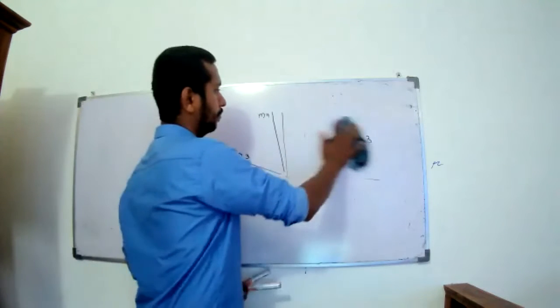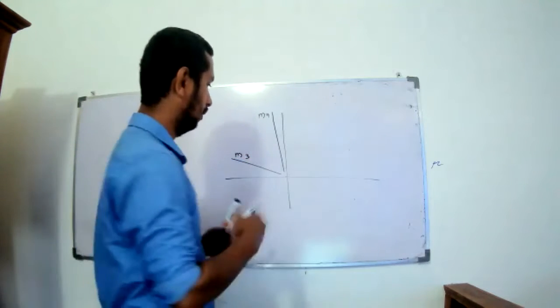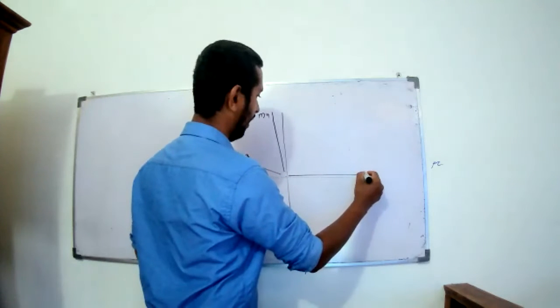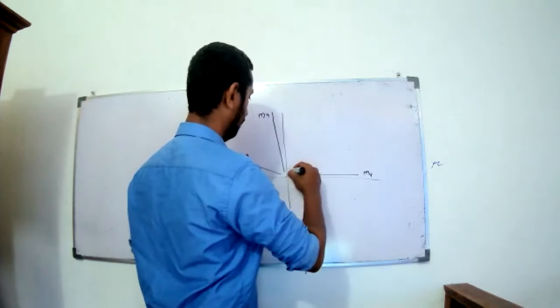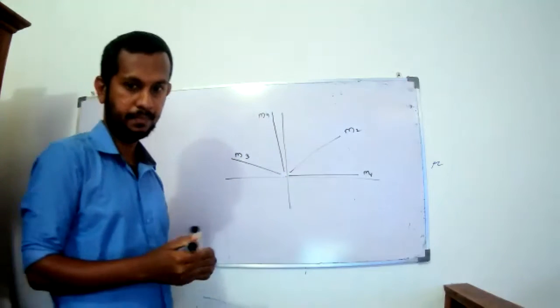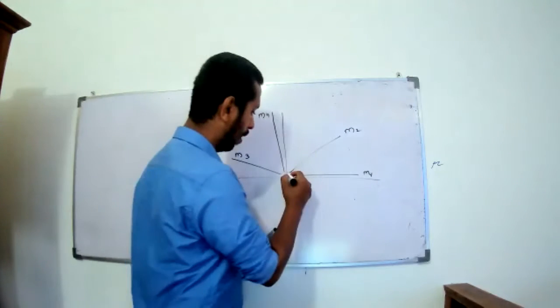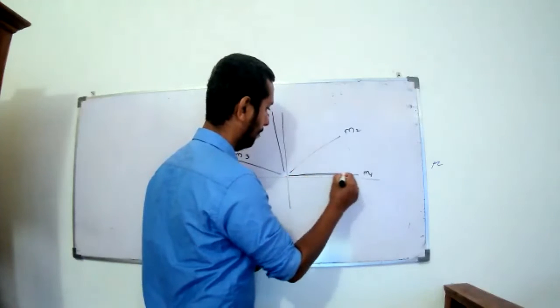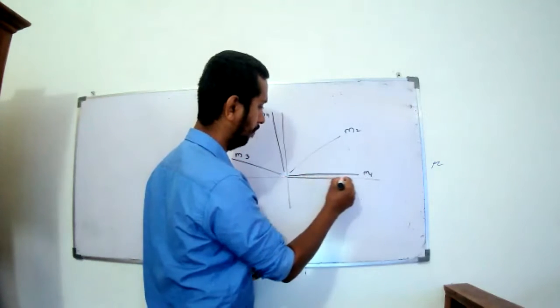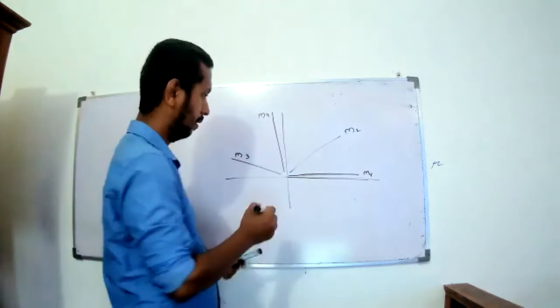And I am going to draw further. I am going to label the gradients m1, m2. Now I have drawn four graphs. This is m1, this is the x-axis of the graph, right?